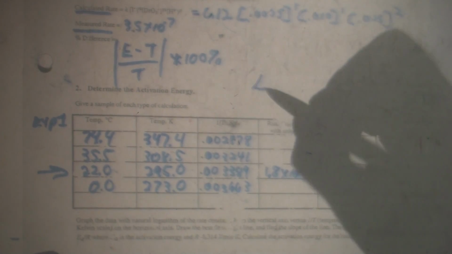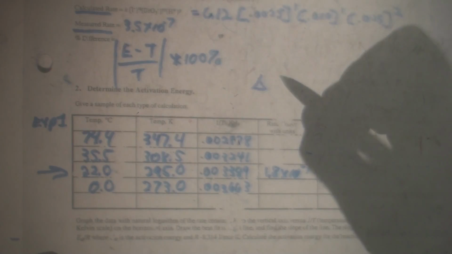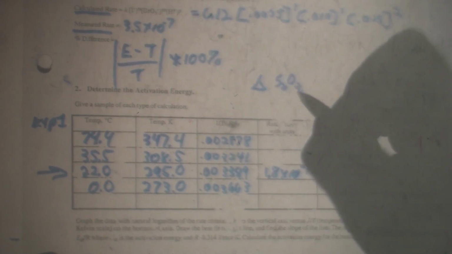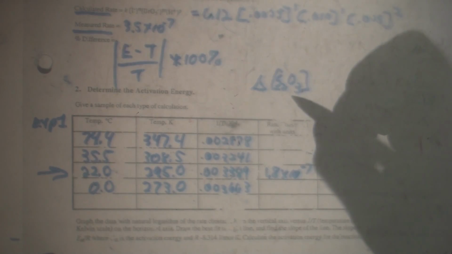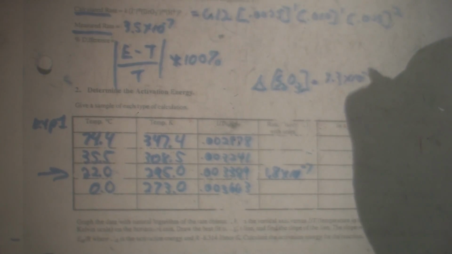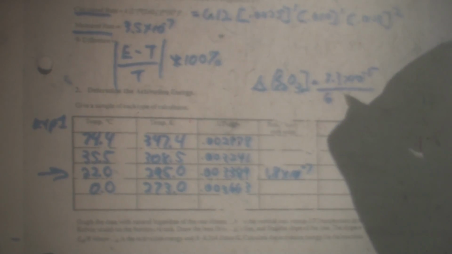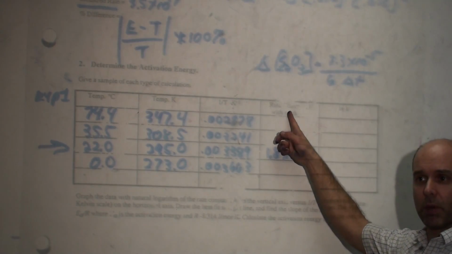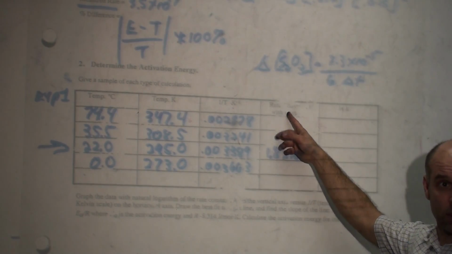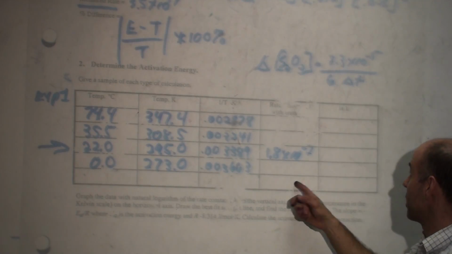You remember how to do it? Take the concentration of the thiosulfate, which was 8.3 times 10 to the negative fifth, divided by 6, divided by your time to find those other rates. Now, if everything goes well, what should happen to the rate as temperature goes up? Increase. Should increase. Cross your fingers, but it should go up.